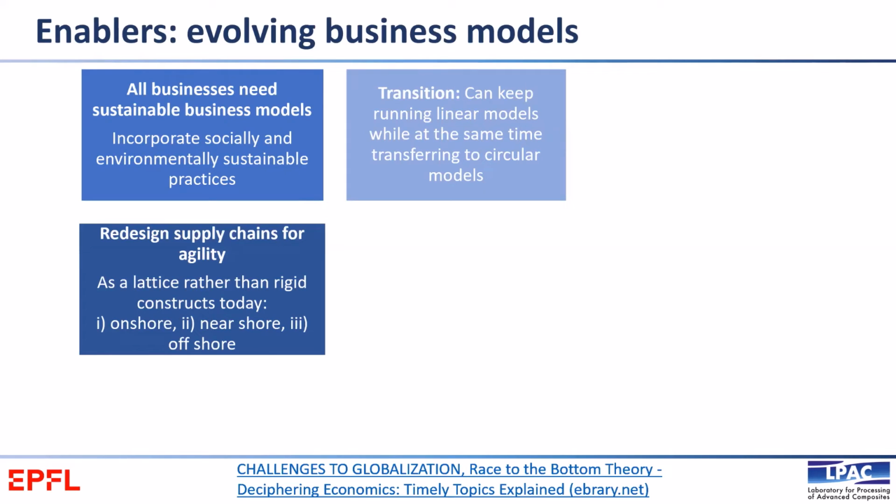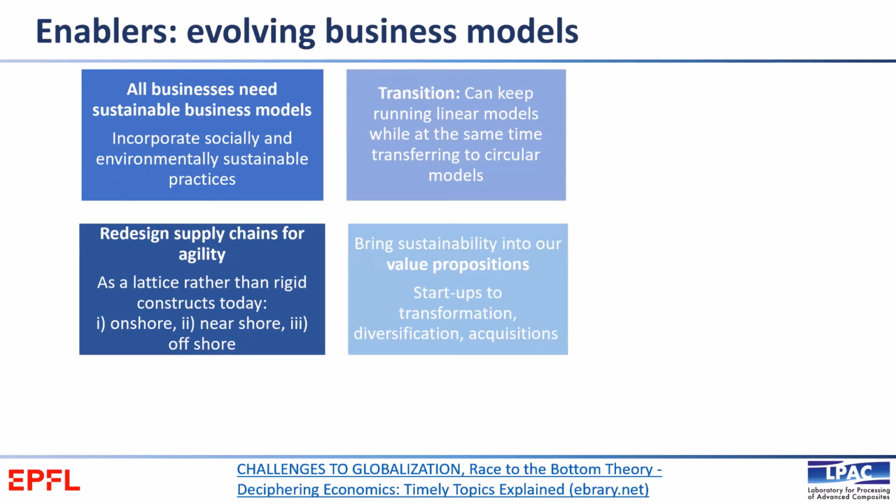Okay, you need to have what they call nearshoring and then onshoring. So nearshore could be in Europe, onshore would be in Switzerland. You need a mix. Okay, make it a lattice, yeah, not a chain. Lattice is more robust. We need to bring sustainability into our value propositions, but not greenwashing, as you say, from startups to transformational to big companies. Okay.